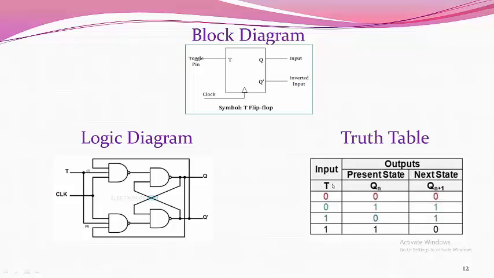This is the input section, this is present state and next state, that is the outputs. This toggle flip-flop has only a single input T. This T input has two possible values, that is 0 and 1. As we have seen, the toggle flip-flop functions in two operations, that is hold and toggle.